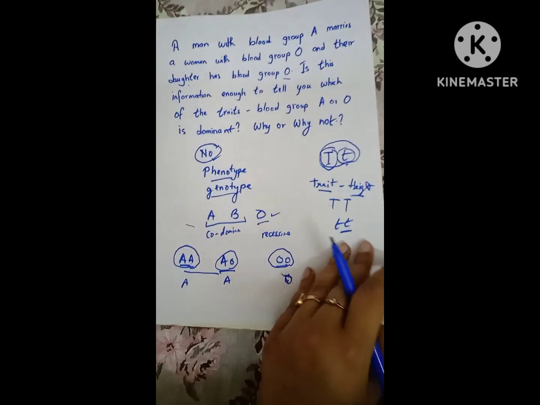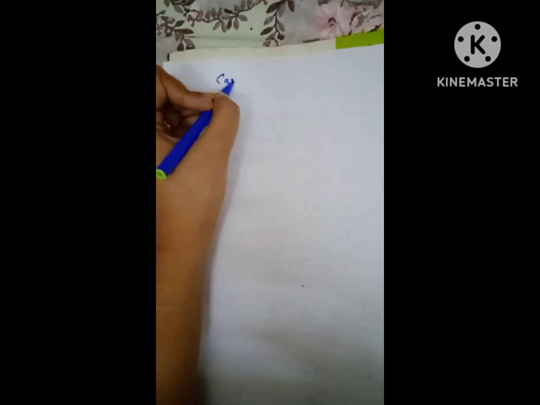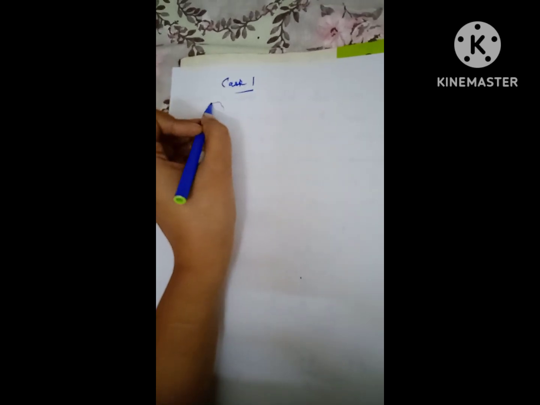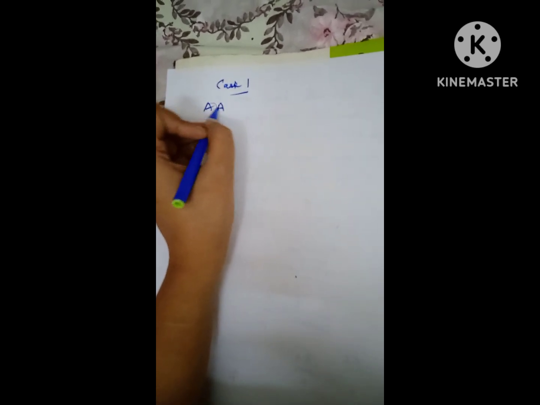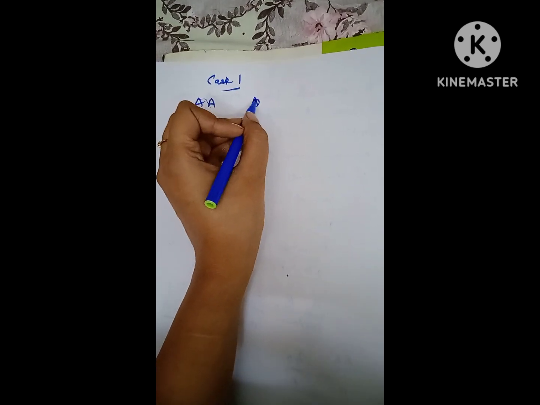Now, what are the possibilities when the daughter can have O blood group? For example, there can be two cases. Case number 1, where the genotype of the boy is AA and that of the girl is OO.